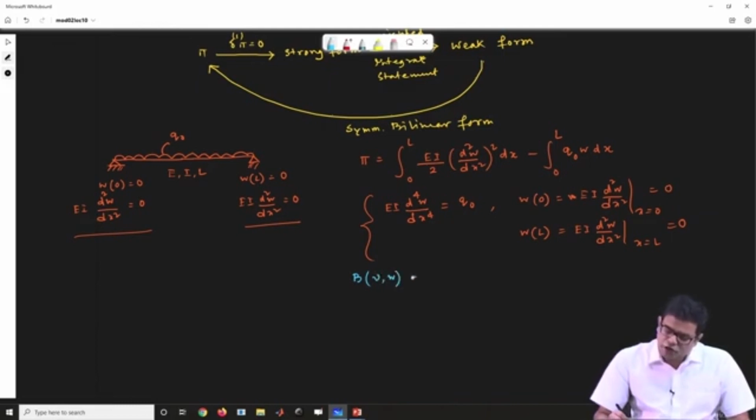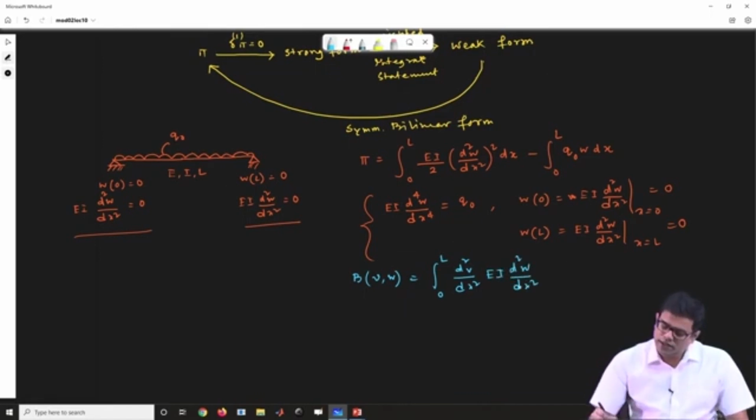So the bilinear form, if I do it, then it will be like this. So b(v, w) is the integral of d2v/dx2 into EI d2w/dx2.